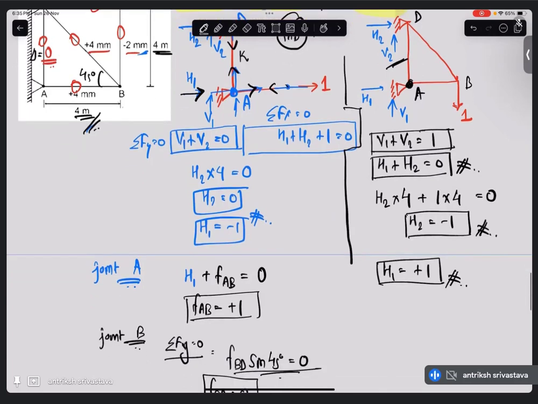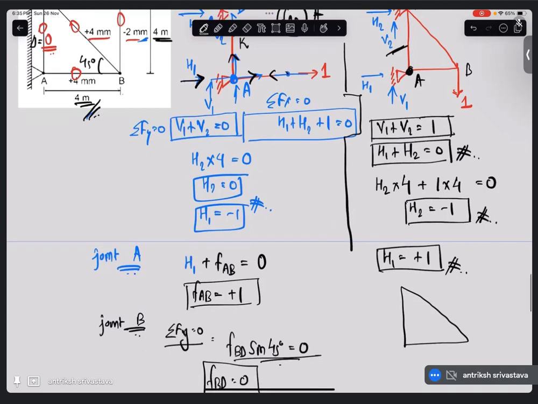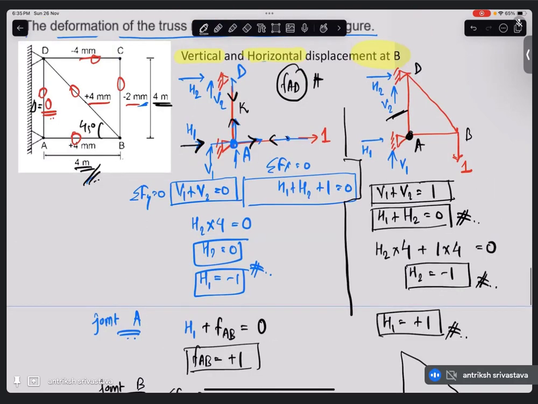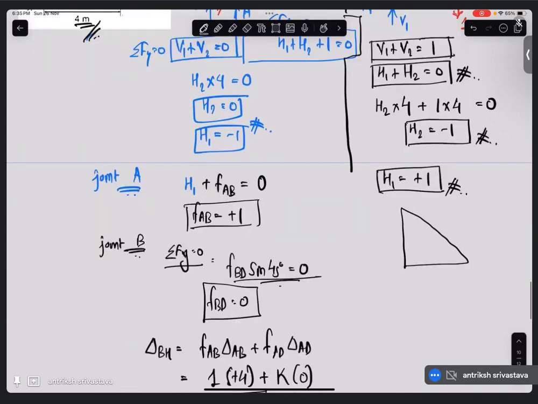Now let's again go to this particular joint. We do not care about vertical forces at this point, because if we calculate them we would get that particular member force, and we are not very much interested in that member force. So we can do away with this.